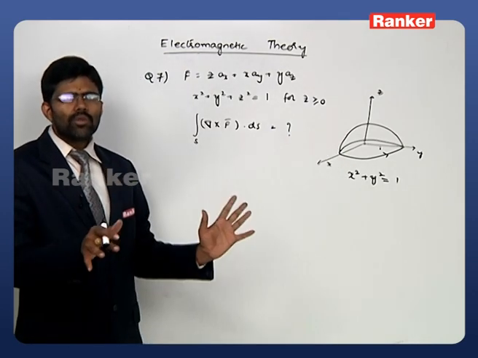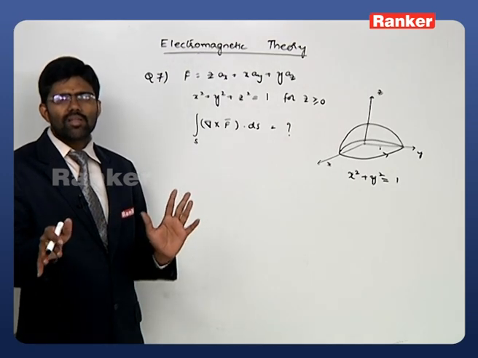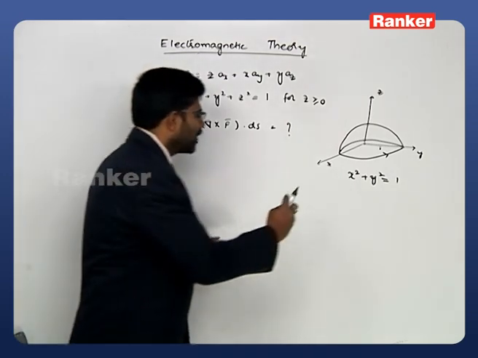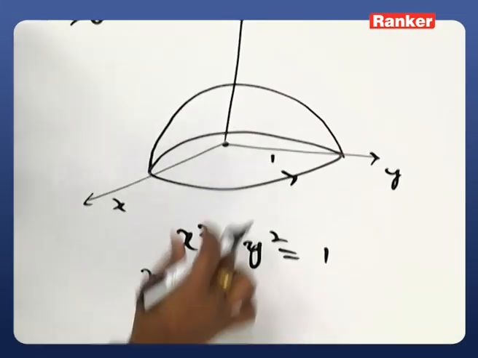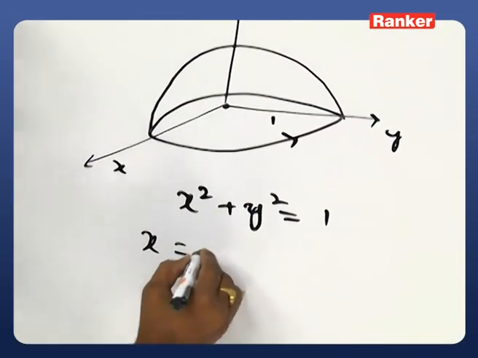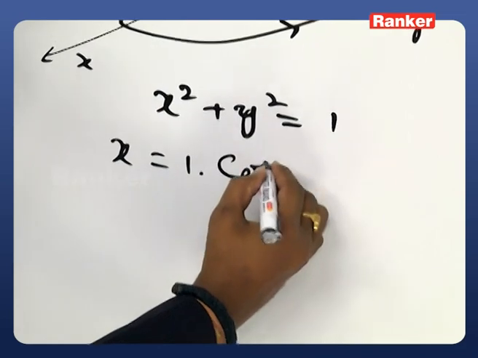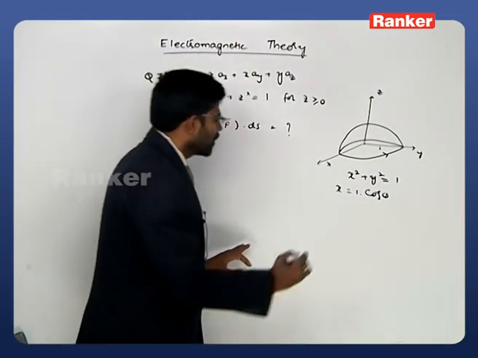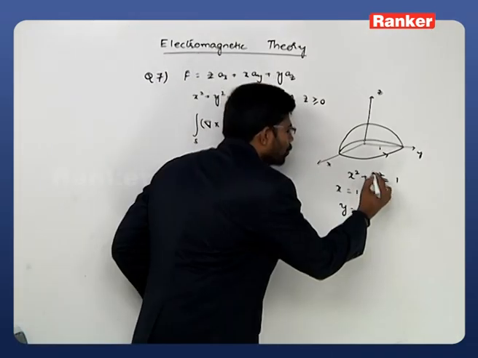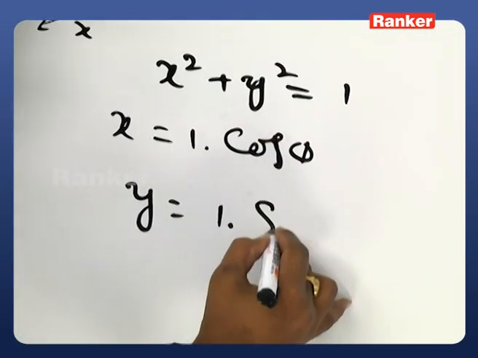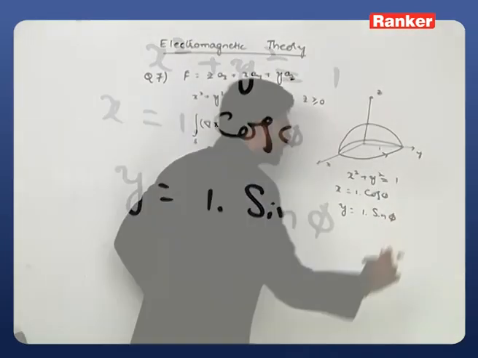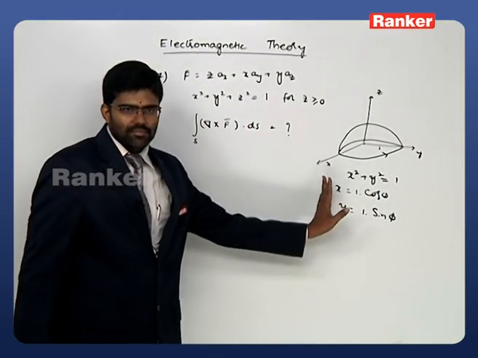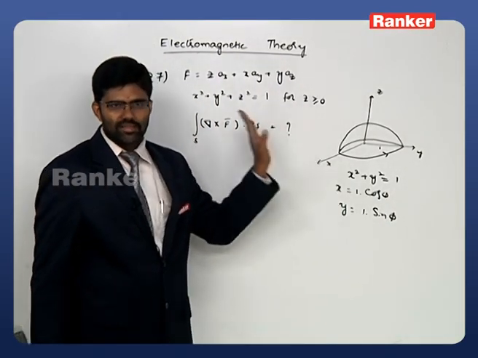So we are using all the coordinates or parameters as convenient. Let us take x is equal to rho cos phi, where the radius is 1. In the same way, y is equal to rho sin phi, with radius 1. Keep them aside. If they are required, we can use them here, right?